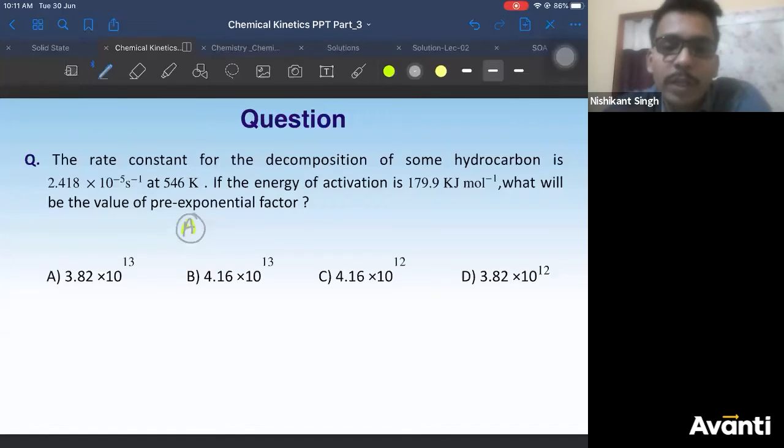You can use the calculator for solving the calculations. You get a 3-mark question from the third equation in your boards also. In your boards, you get a 3-mark numerical from this topic, the log K2 by K1 equation.